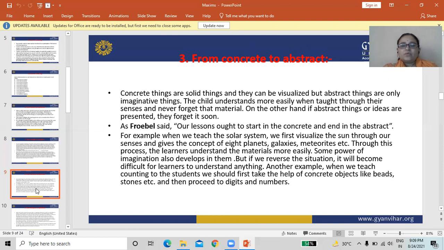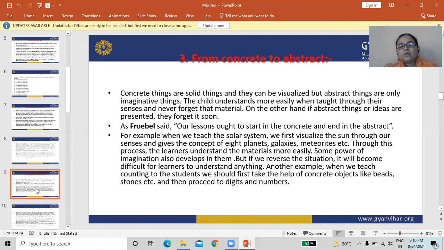Some power of imagination also develops in them. But if we reverse the situation, it will become difficult for the learner to understand anything.